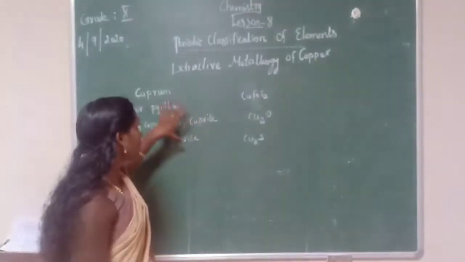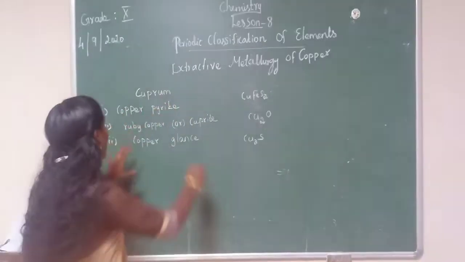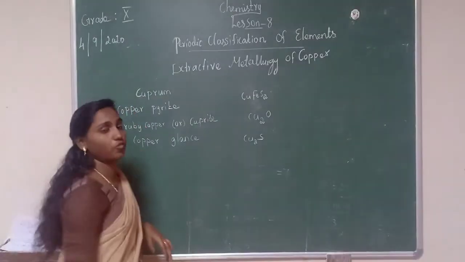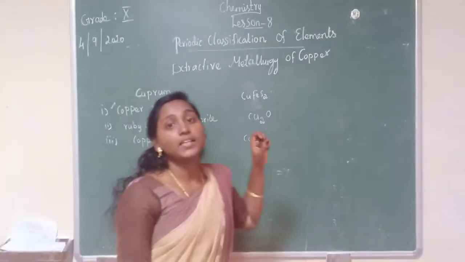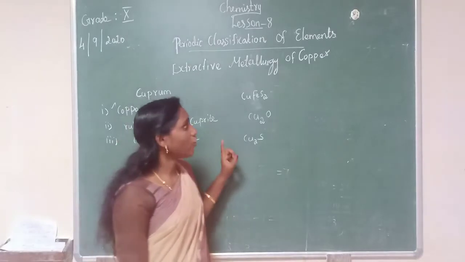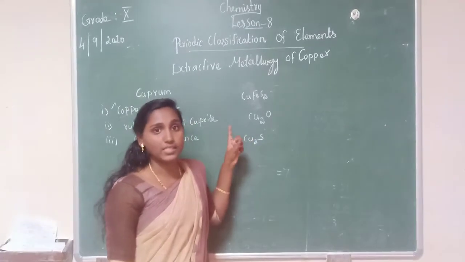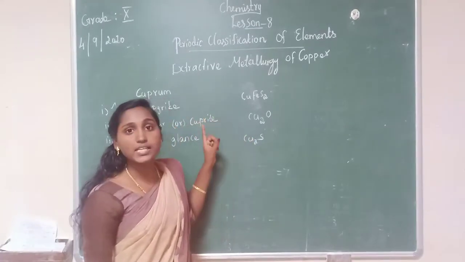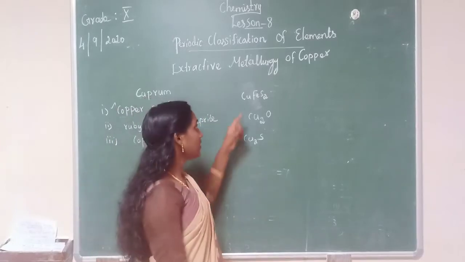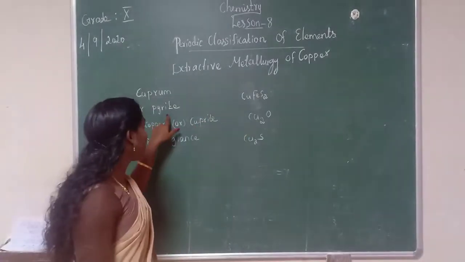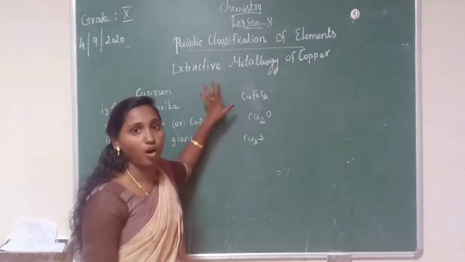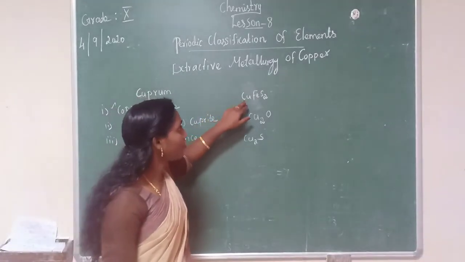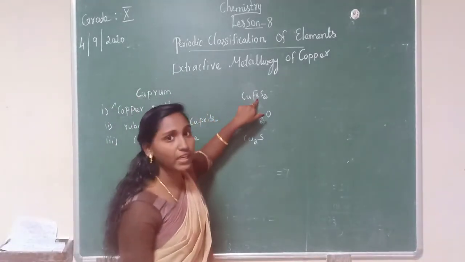So from these three ores, copper pyrite is the chief ore of copper. In aluminium we studied which is the chief ore of aluminium. Bauxite. Don't forget, bauxite is the chief ore of aluminium. In copper, copper pyrite is the chief ore of copper. What is the copper pyrite formula? CuFeS2.